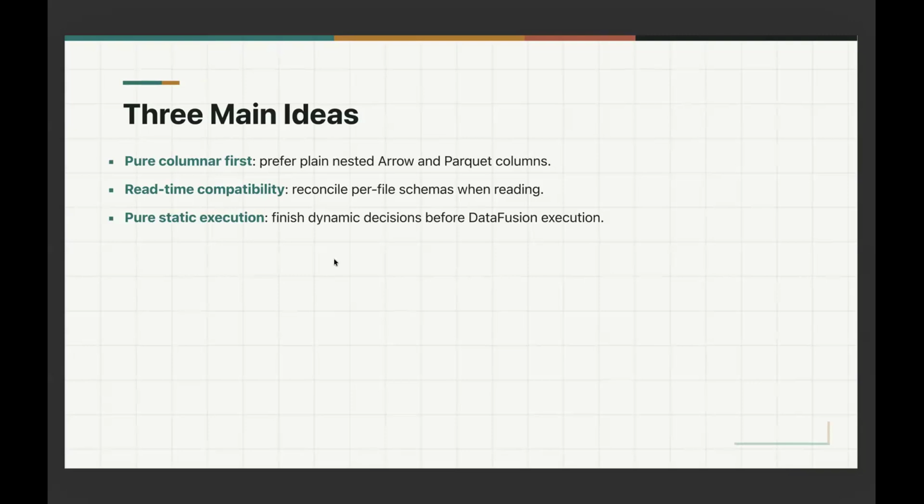You don't need to predefine every path before your data comes. You can define some you have confidence in and leave the database to infer the others. And the third thing, I think the most important, is that after data is read into the DataFusion execution stream, where the execution actually starts, everything becomes static. The JSON is dynamic, but after it is read from the storage engine, it becomes static.